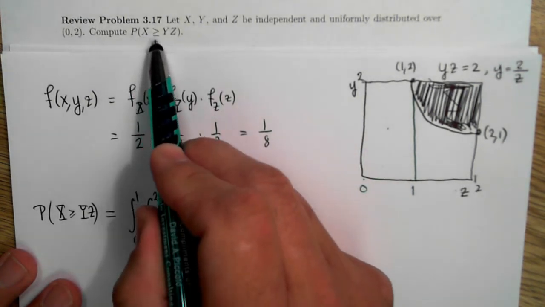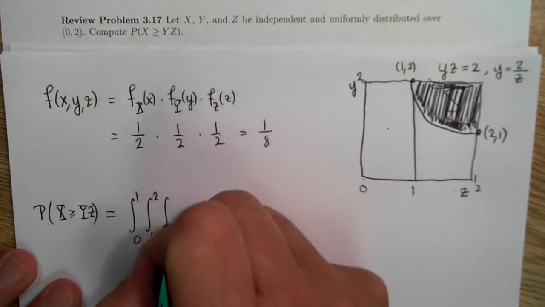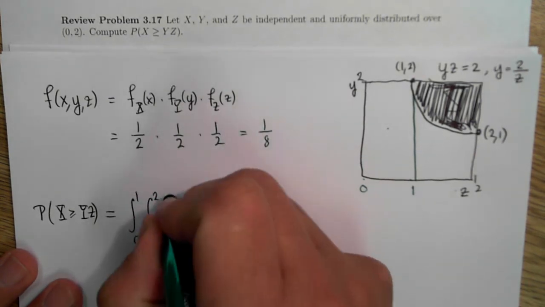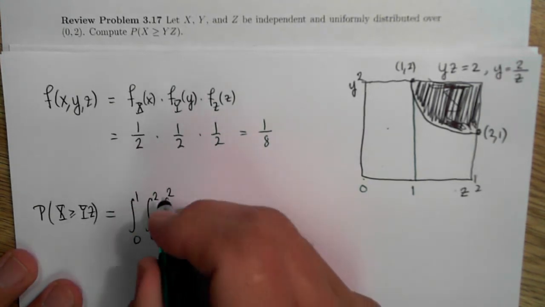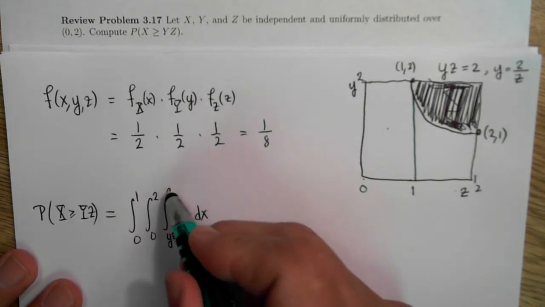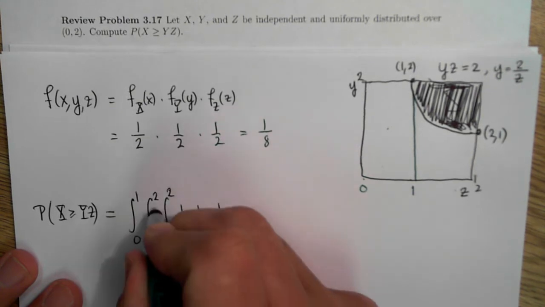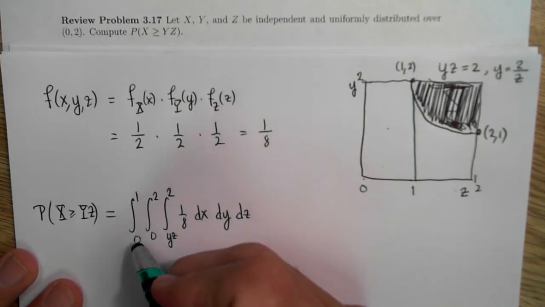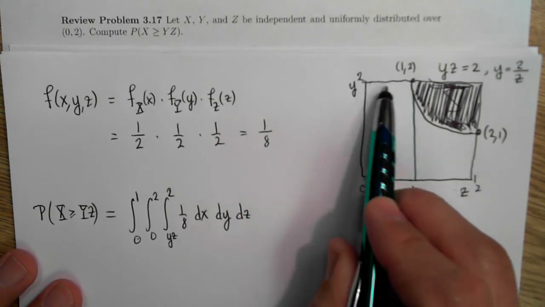Now I want x to be greater than or equal to the product of y times z. And so the smallest that x can be is y times z, and the biggest that x can be is 2. So I want to take 1/8, x goes between y times z and 2, and then y goes between 0 and 2, and z goes between 0 and 1.